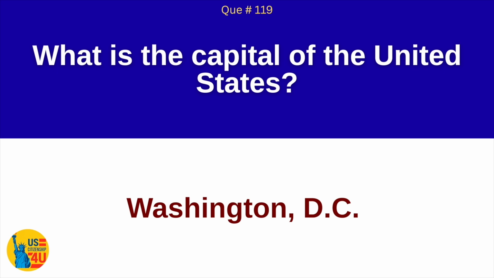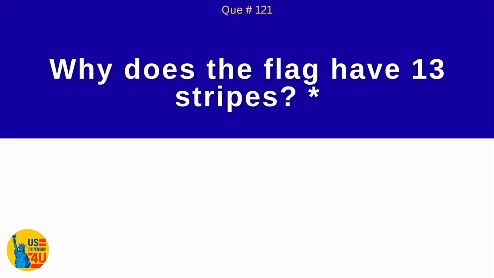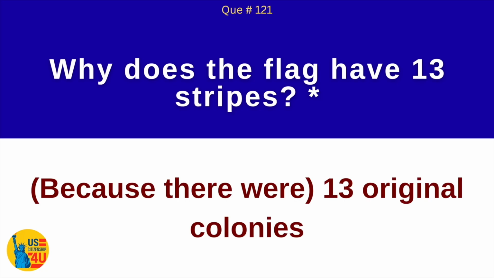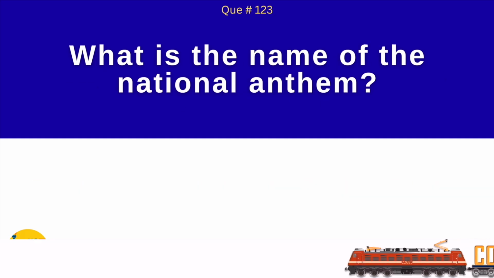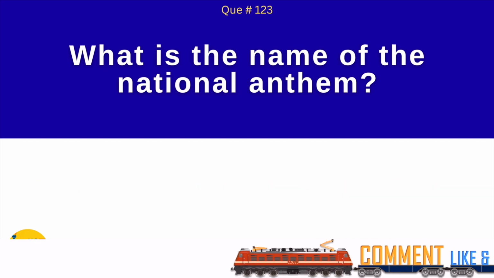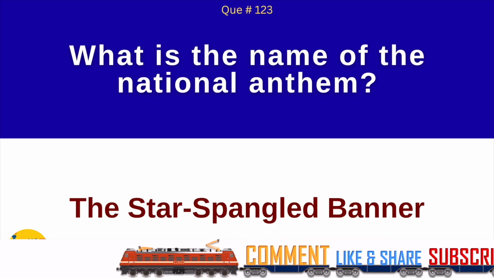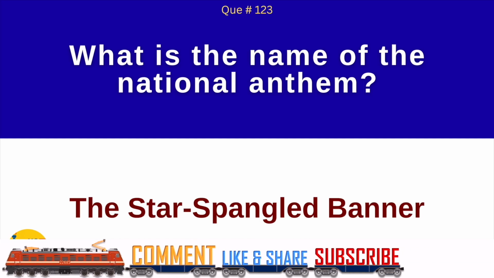Washington, D.C. Why does the flag have 13 stripes? Because there were 13 original colonies. What is the name of the national anthem? The Star-Spangled Banner.